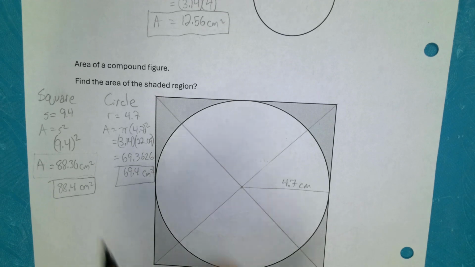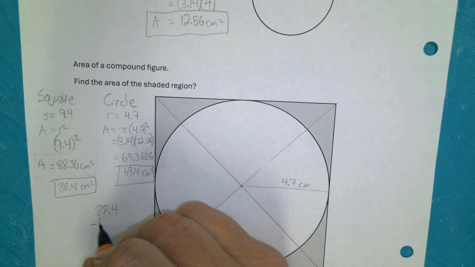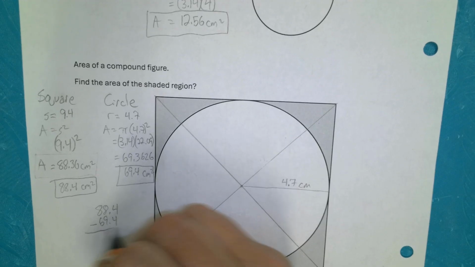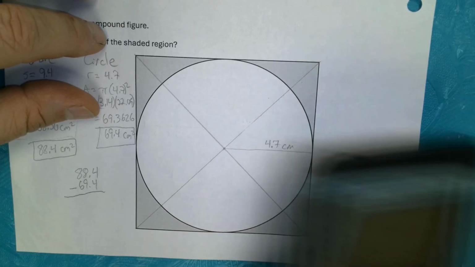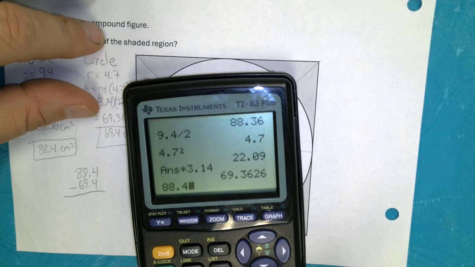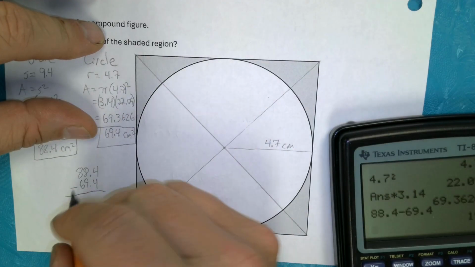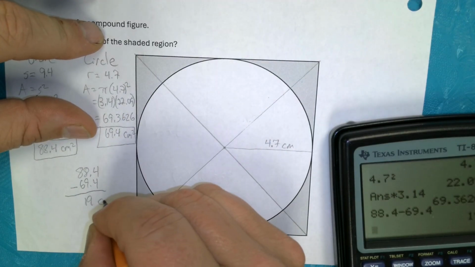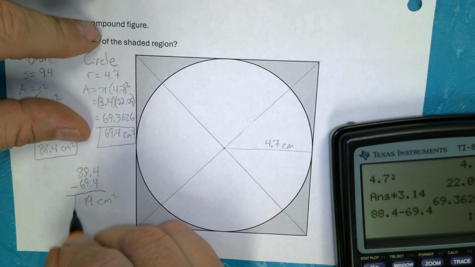So if I take the area of the square and I subtract out the area of the circle, whatever's left over should be these shaded areas totaled up. So we'll do 88.4 minus 69.4, and I get 19. So the area of those sections should be 19 centimeters squared.